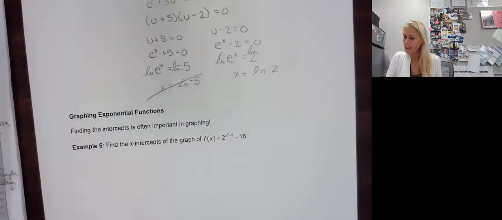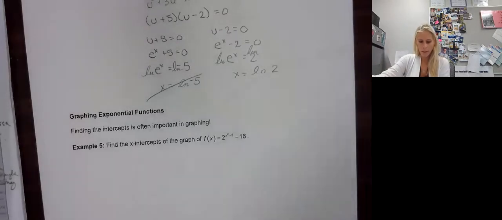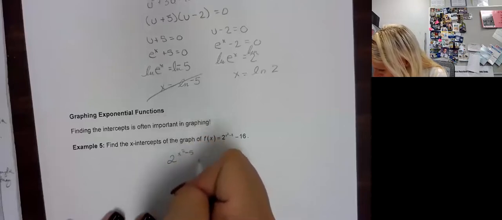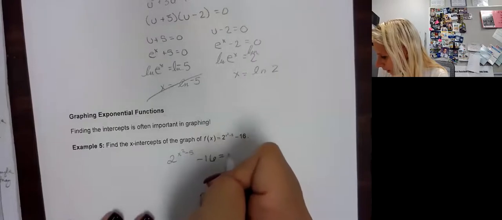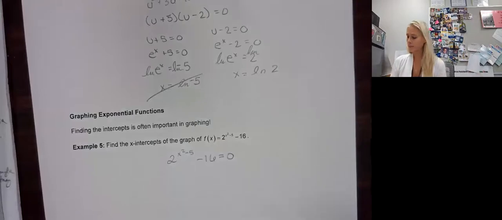All right, finding the intercepts is often important when graphing. So when finding the x-intercepts of the graph, what we need to do, remember, is make the whole equation equal 0, right? X-intercepts are when f of x or y equals 0. So just set it equal to 0 and solve.